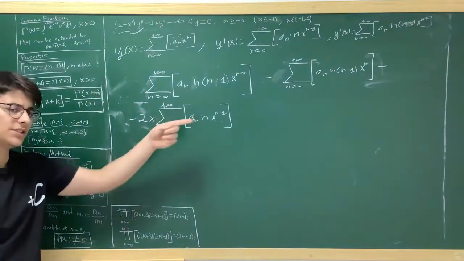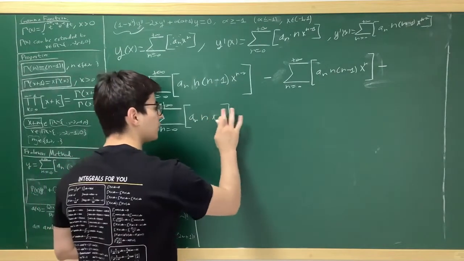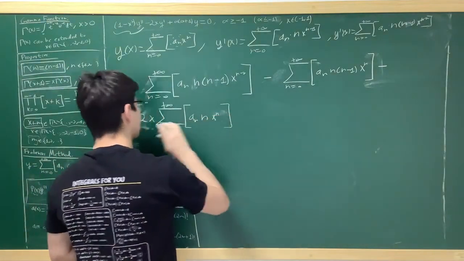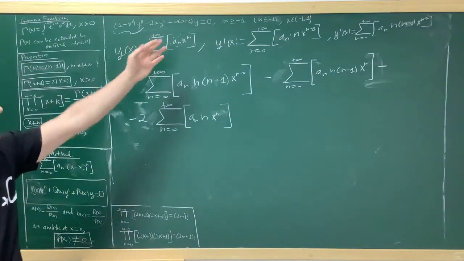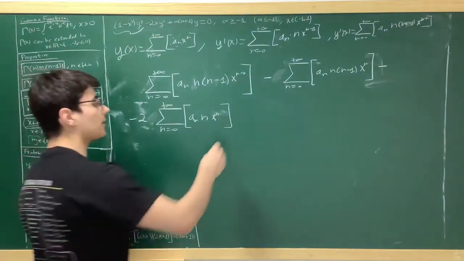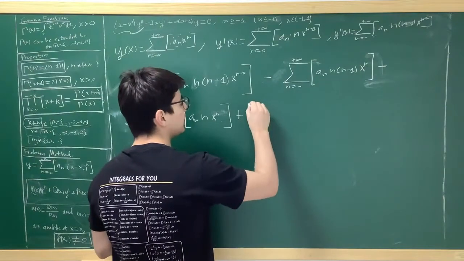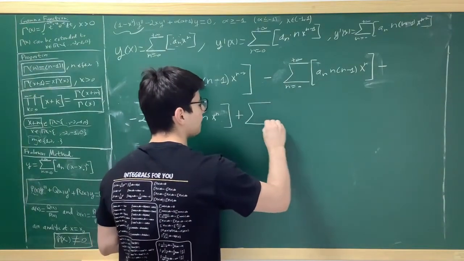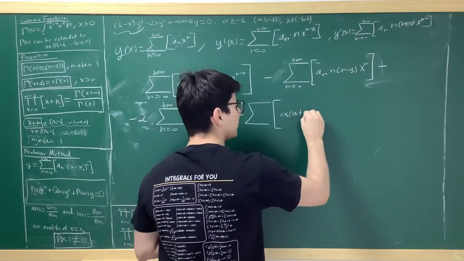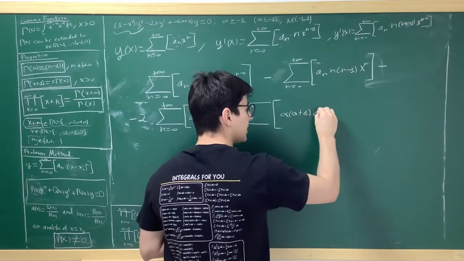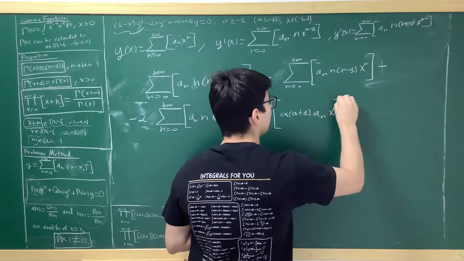Again, the x can go inside, and this x to the n minus 1 becomes x to the n. Lastly, alpha times alpha plus 1. We can actually take it inside the sum again, and just write alpha times alpha plus 1 times a_n times x to the n.